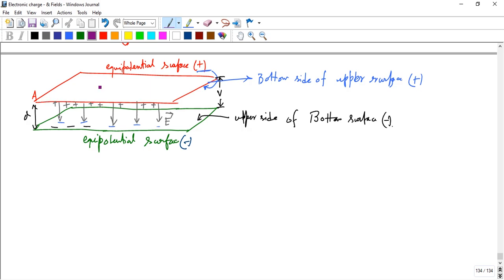Suppose there is 100 coulomb of positive charge on the bottom side of the upper surface, and minus 100 coulomb on the upper side of the lower plate.